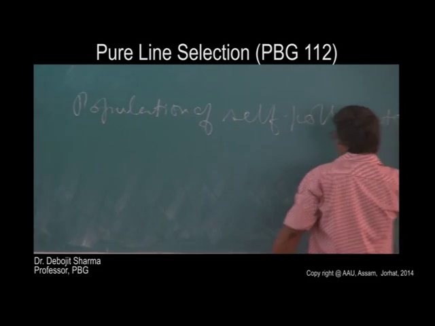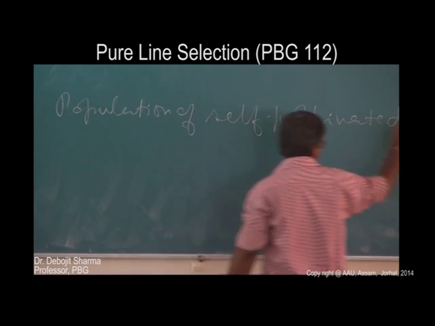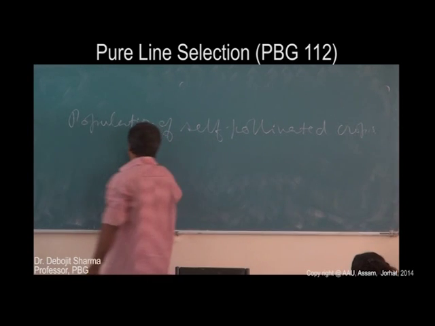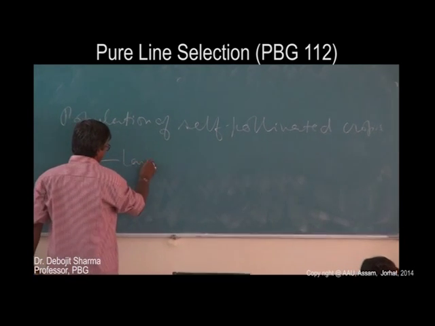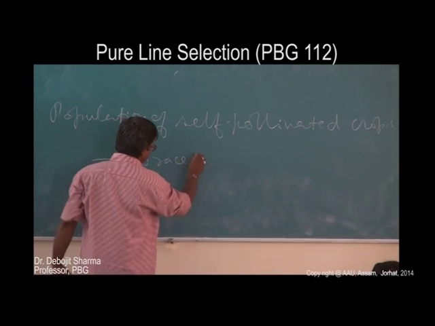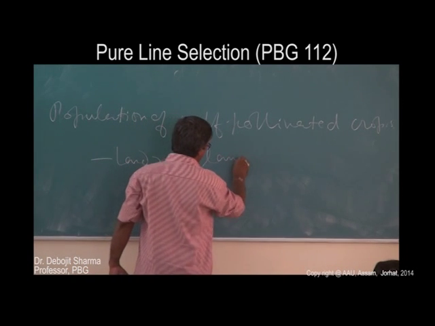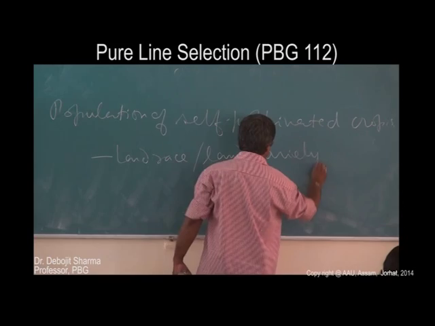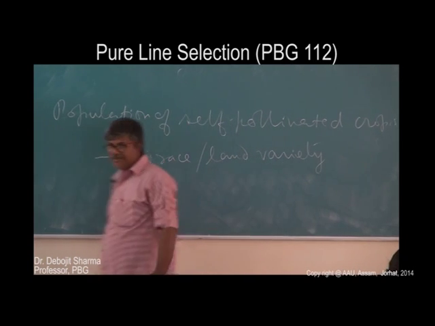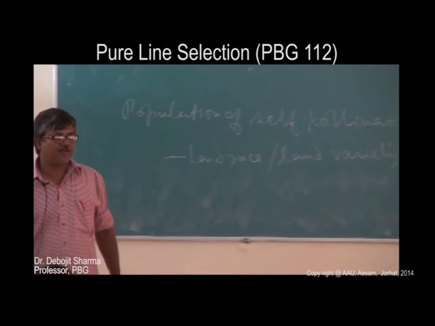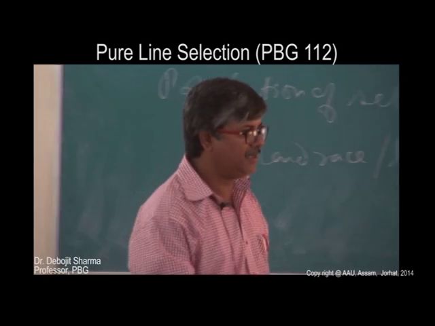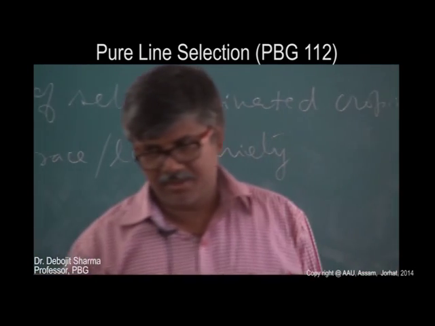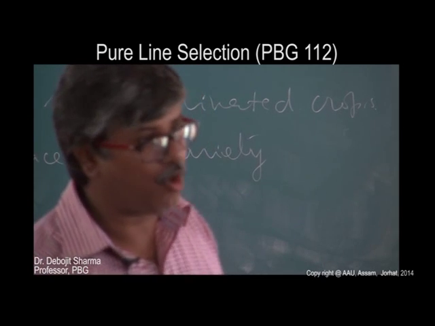Land races or land varieties of self-pollinated crops are actually varieties which have been under cultivation since long.